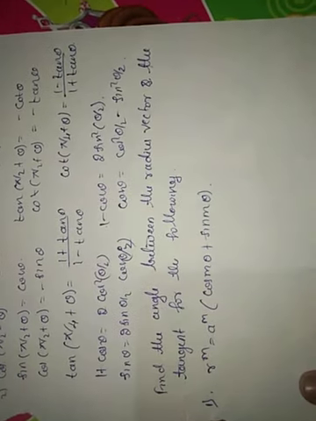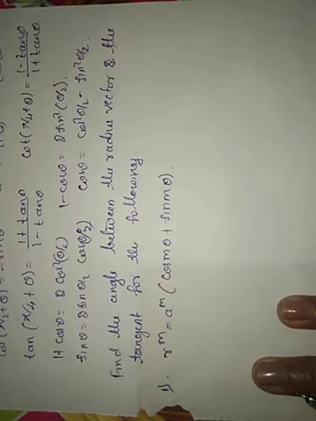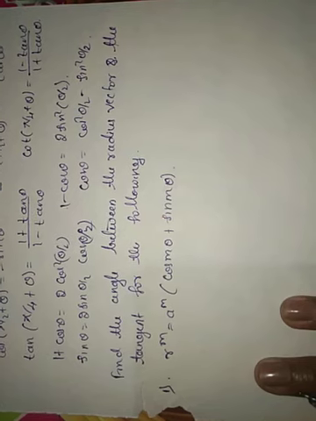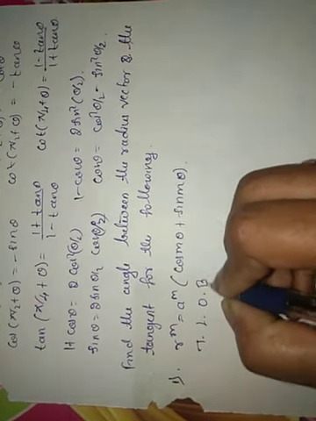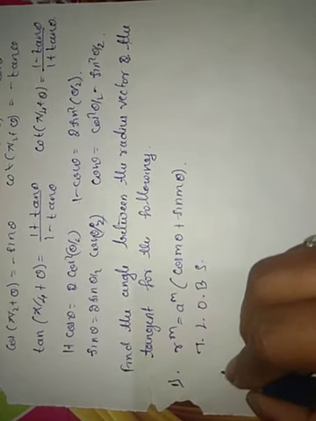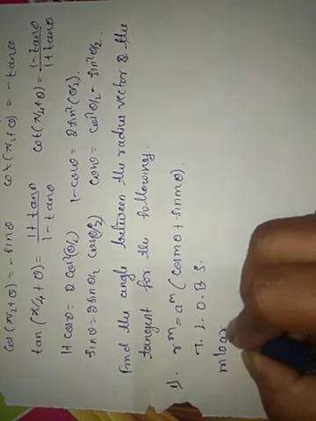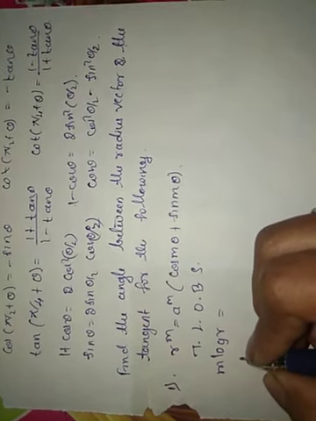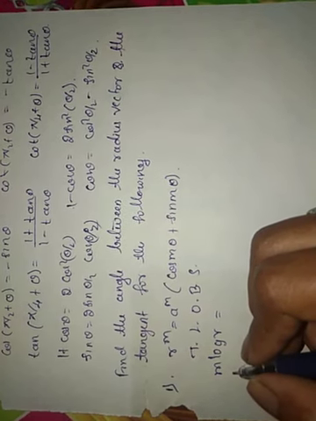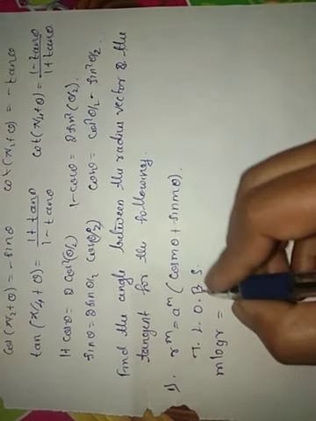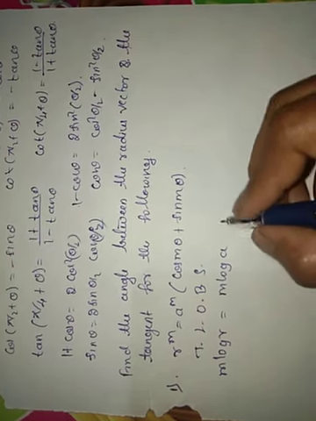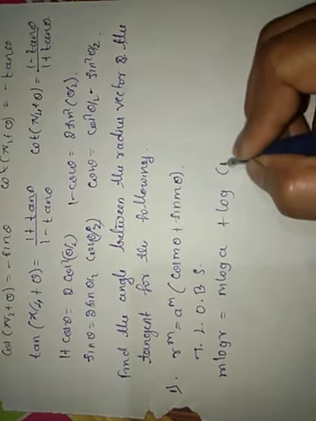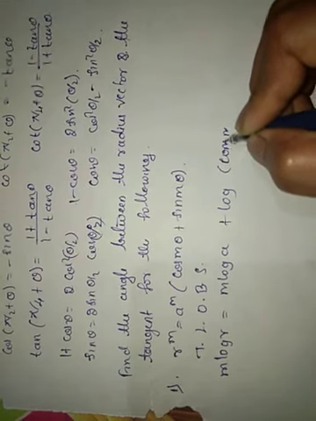To find the solution of the example, the first step is taking a log on both sides of the equation. Then the equation becomes m into log r equal to m into log a plus log of cos of m theta plus sin of m theta.